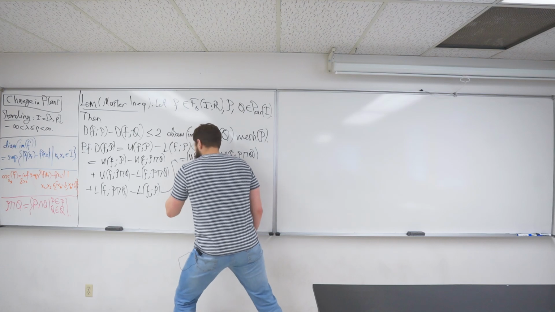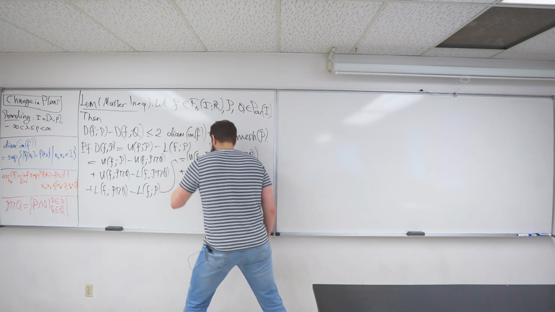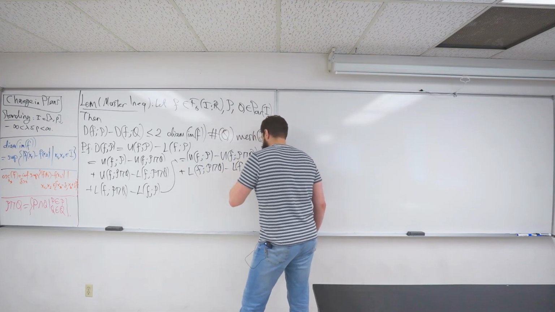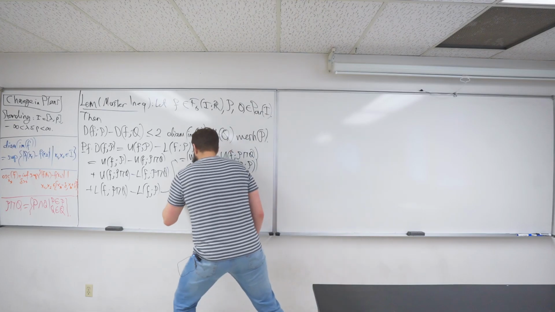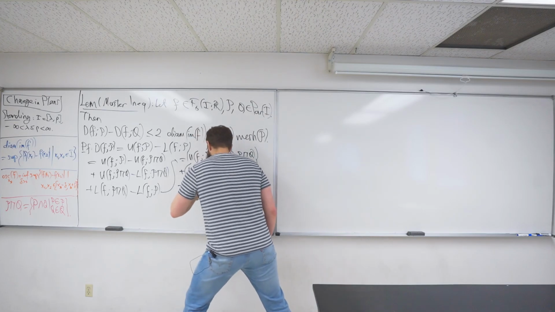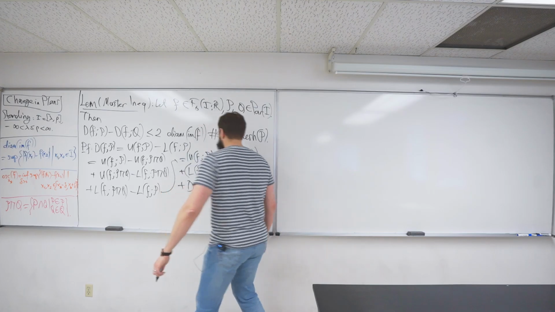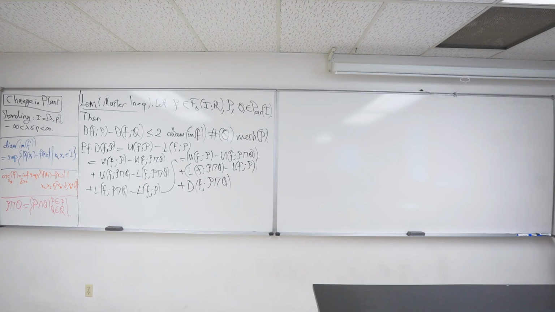There's a similar thing with the lowers. This I'm going to do something about. And finally, I have d of f relative to the coarsest common. Just rearrange the terms.